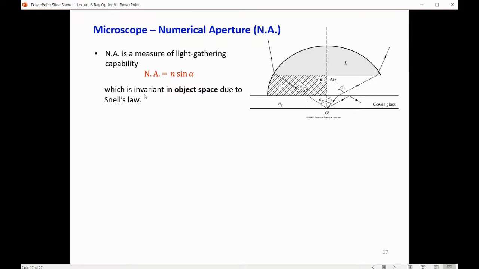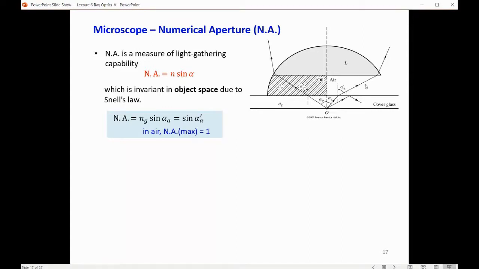This numerical aperture is invariant in the object space due to Snell's law. For the air gap here, the numerical aperture would be given as n_g multiplied by sine alpha_A, and that's equal to 1 multiplied by sine alpha prime_A.